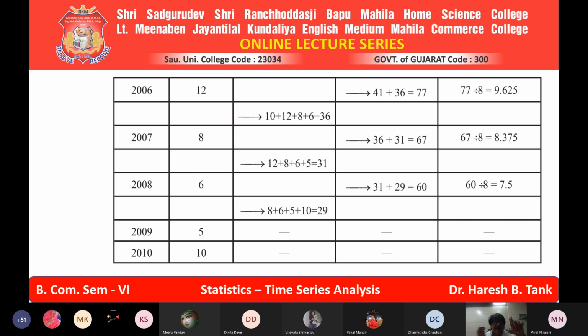So to get the average, at the first point you should divide it with 4, in the second point you should divide it with 2. So in the denominator it would be 4 multiplied by 2. So ultimately to get an average you have to divide it with 8. Then only you will get a 4-yearly centered moving average. Is it clear? Yes, sir.